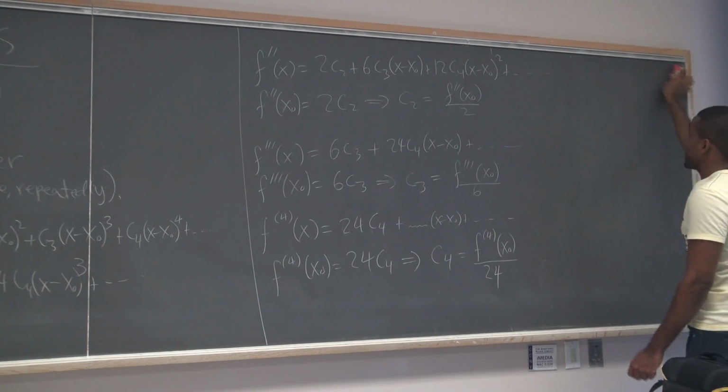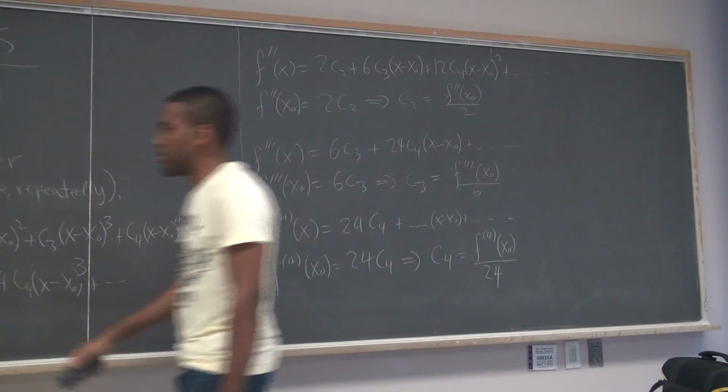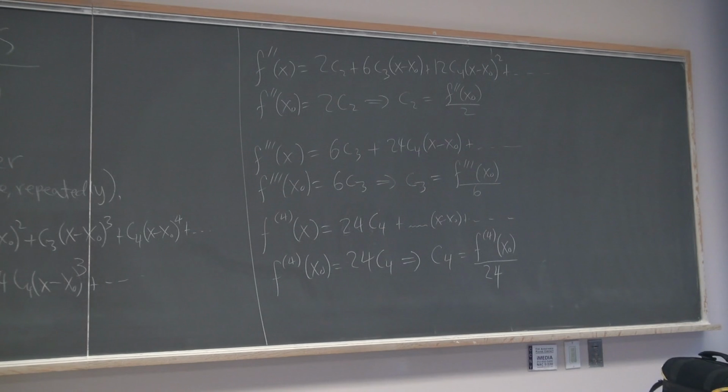Now we go back to the training that we learned in 8.1 where we had a sequence and we tried to figure out a pattern for that sequence. So far what do we know? Well, if I evaluated the original at x naught, everyone would die except C0. So that means my C0 is f of x naught.